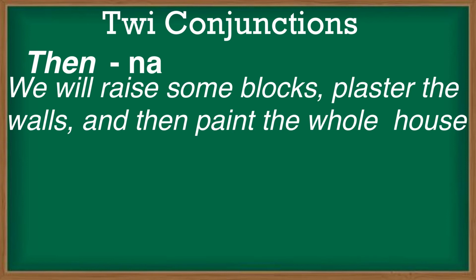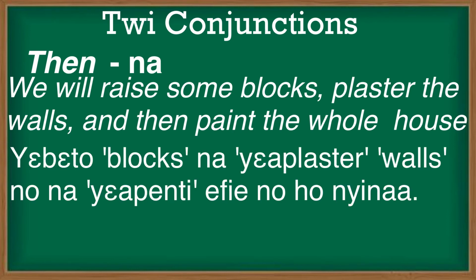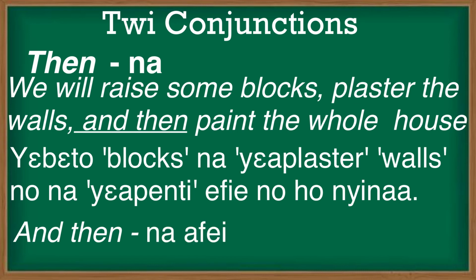So in this sentence, we will say: Na yɛ plaster walls no. Na yɛ paint fie no nyina. This is how we say that in Twi. But if you look at the sentence, we have and then together, which is also a conjunction.